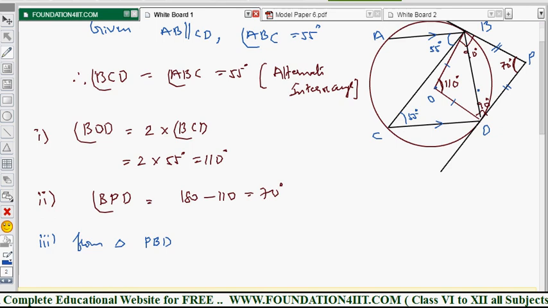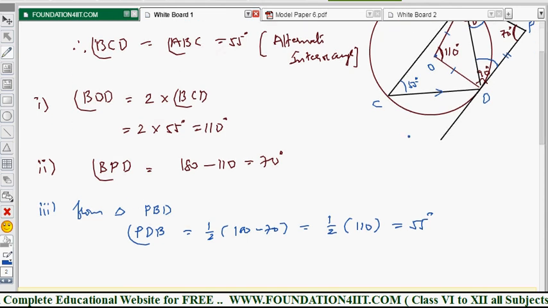So these two angles are equal. These two must be the same. The sum is 180. From 180, subtract 70, that is 110, shared for both, so half of 110. So angle PDB is equal to half of 180 minus 70. So half of 110, that is 55 degrees.